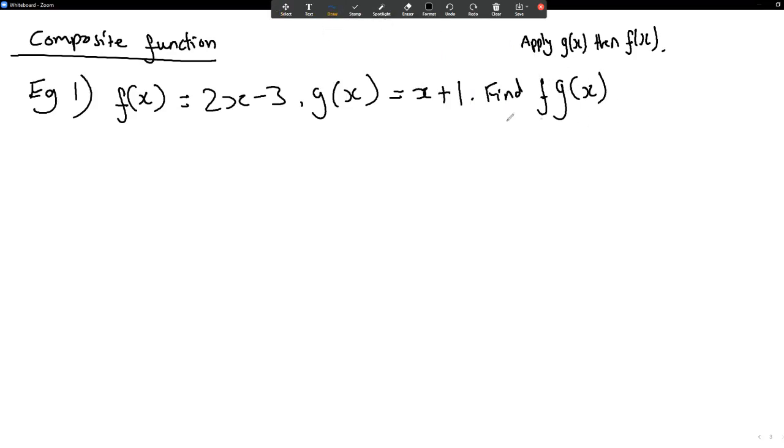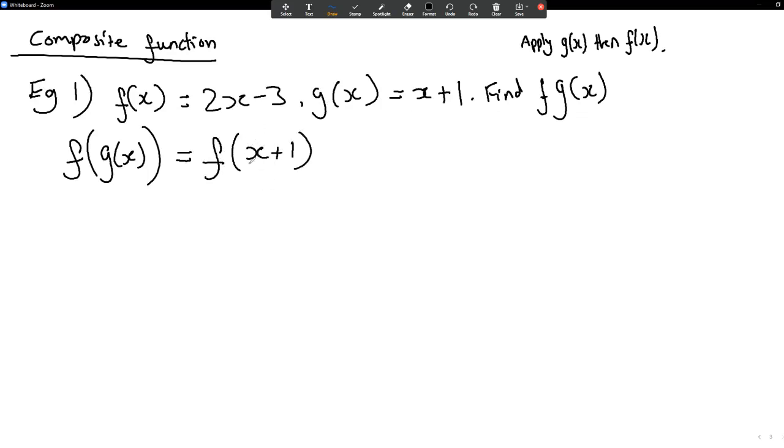So what we can actually do to figure this out is we can imagine g(x) being an input into f(x). And we can work from x. So if we find g(x), g(x) is equal to x plus 1. We know that, so we can substitute that in. Get f(x plus 1), like so.